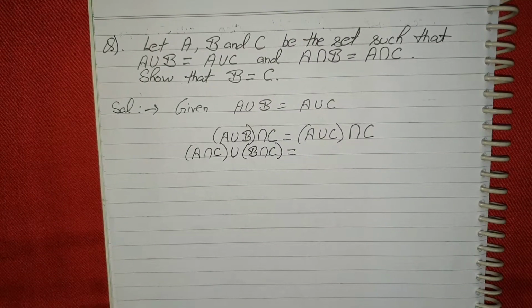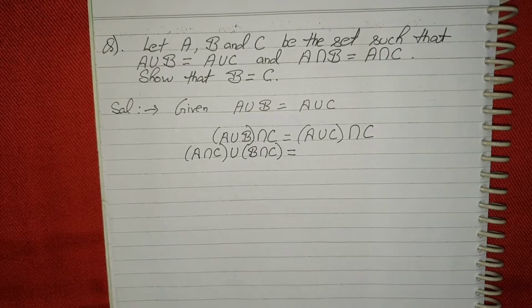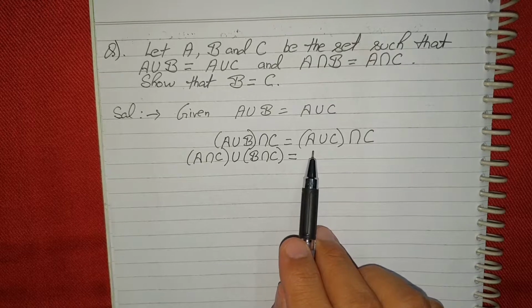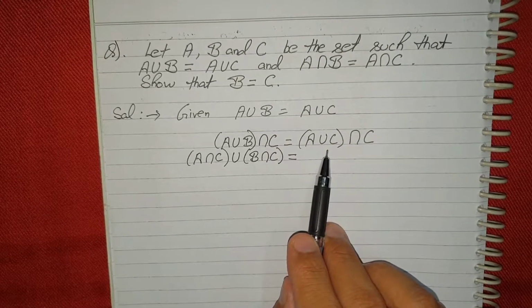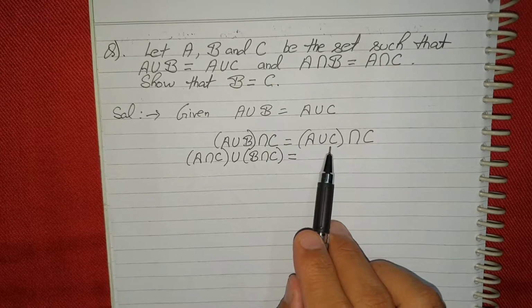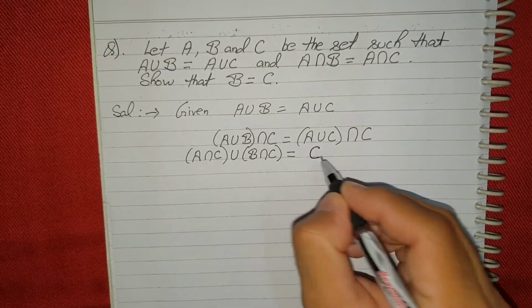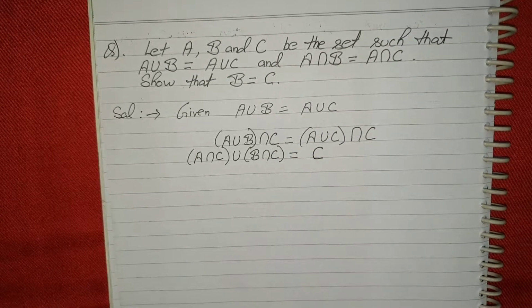Again, the distributive law, as I have discussed in my previous videos, you can just check it. Similarly, (A union C) intersection C. Now see, A union C means combining the elements of A and C. Now if we take common C from it, what we will get? We get C only. (A union C) intersection C will give you C.